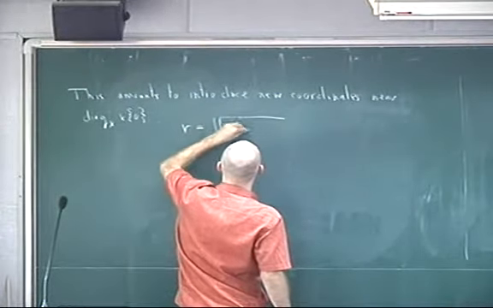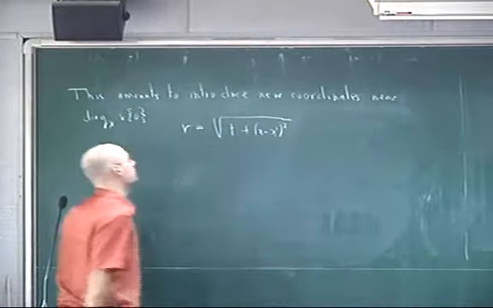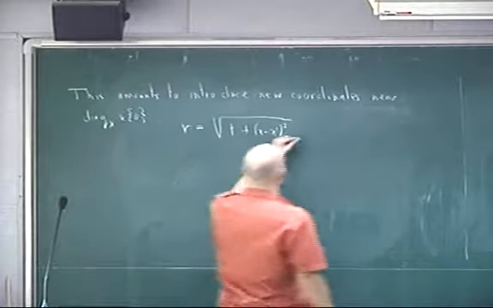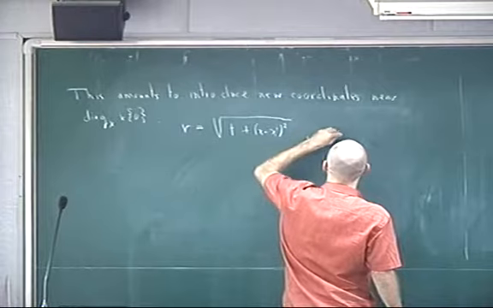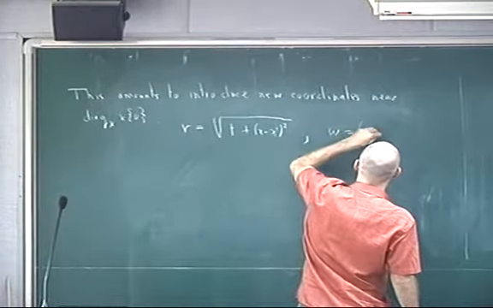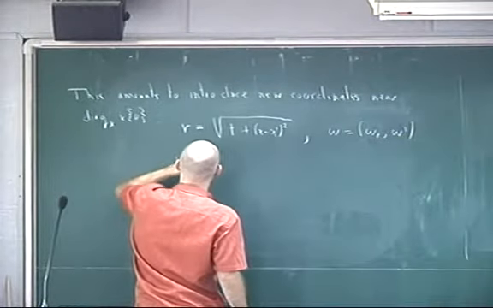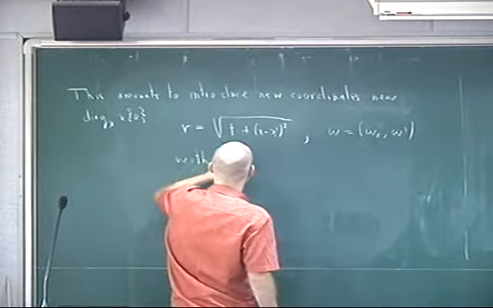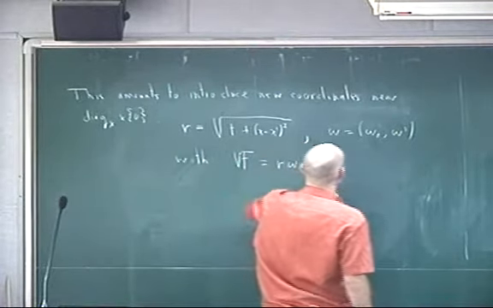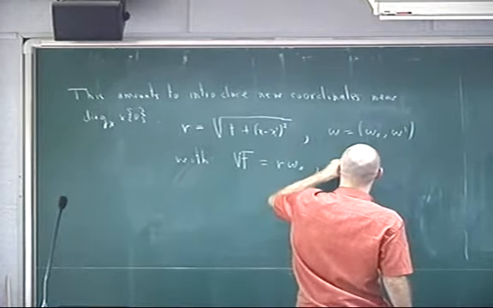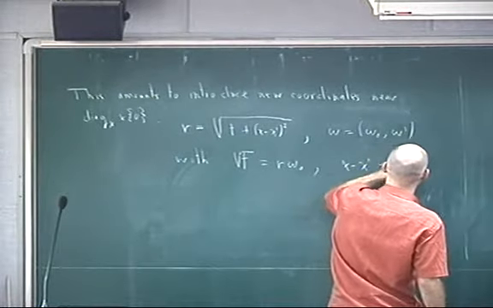So I put r, the square root of t plus x minus x prime, and then I use angular variable omega given by omega naught and omega prime, with the property that square root of t is equal to r times omega naught, and x minus x prime is equal to r times omega prime.